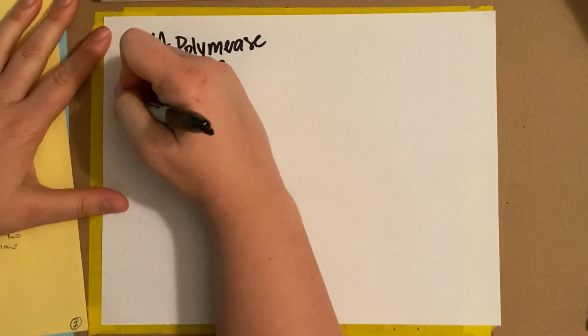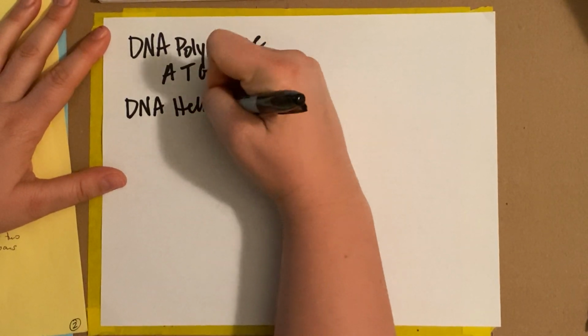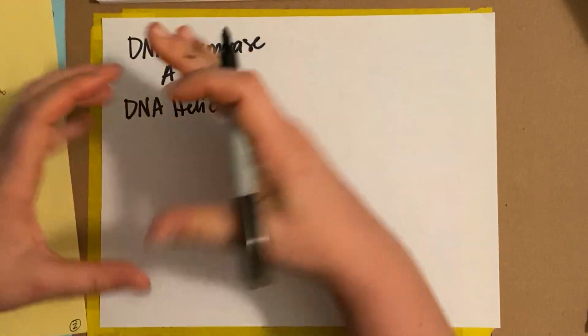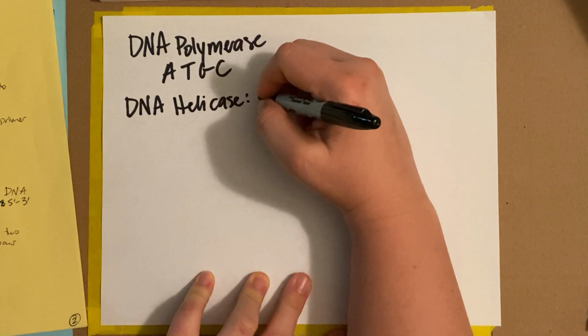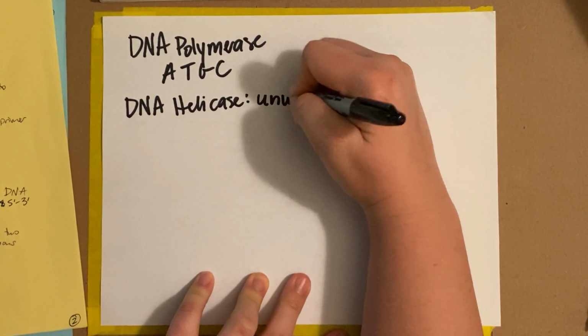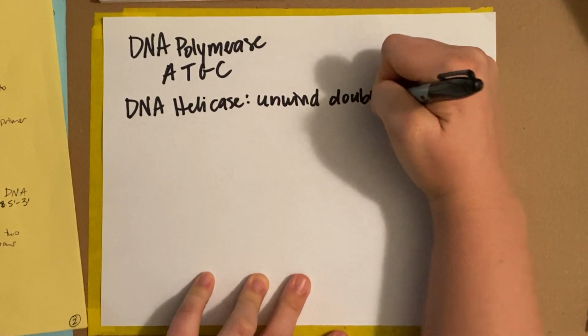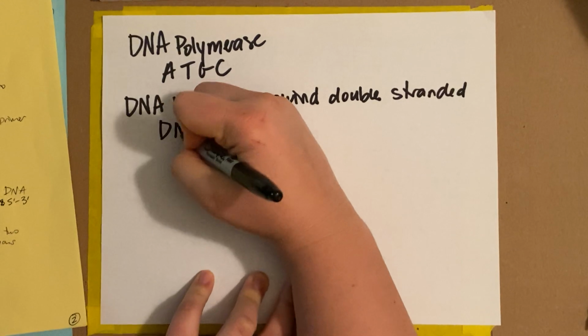Another really important enzyme is something called DNA helicase, okay? DNA helicase will make the two strands fall apart. Okay, so this is going to unwind double-stranded DNA.